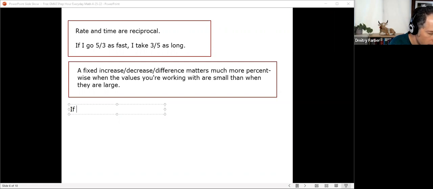if A is 20% bigger, or in general, if something is X% bigger, then the other thing is not X% smaller, right?